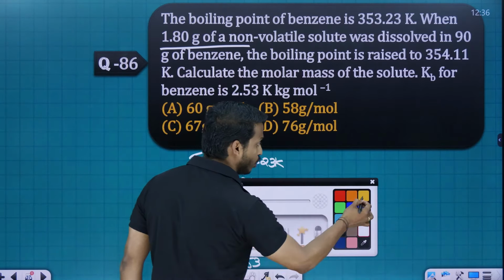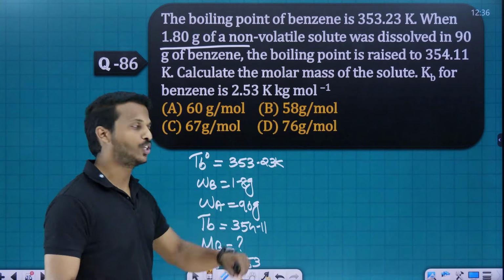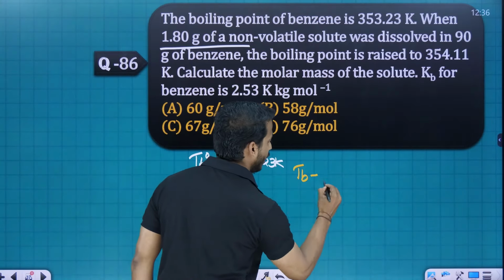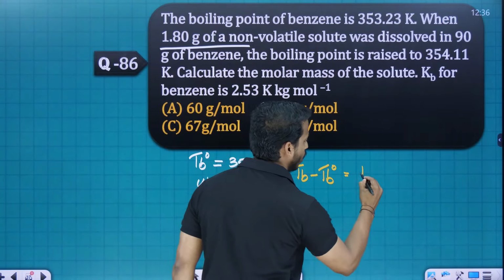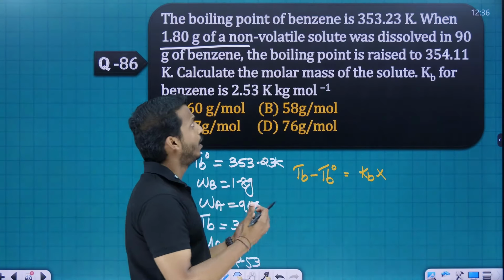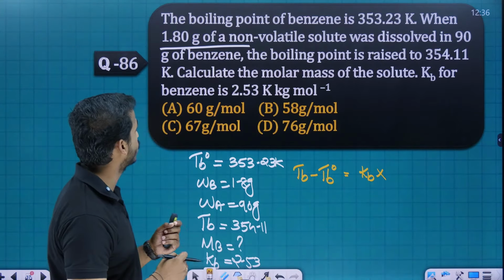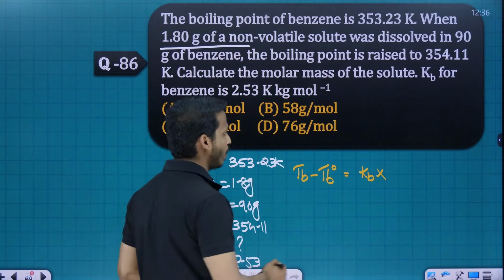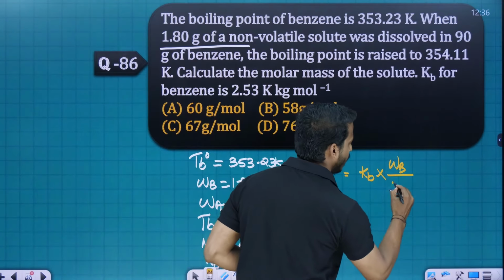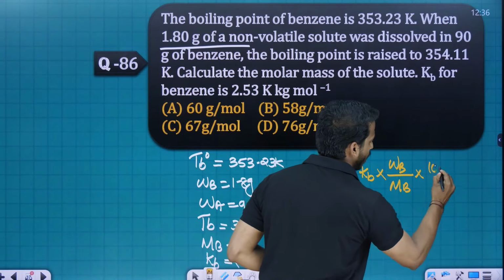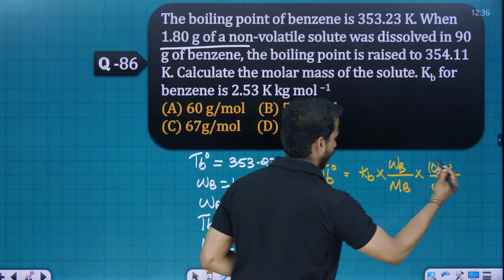So which theory is this one? Which colligative property? Elevation of boiling point. The equation is TB minus TB not equal to KB into i. Here they didn't mention anything about the solute, so we can take i as 1. KB into WB by MB into 1000 divided by WA.